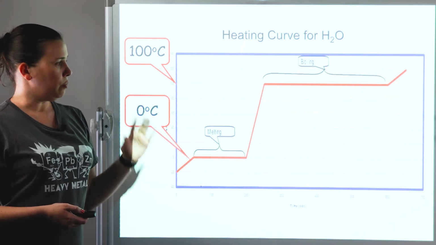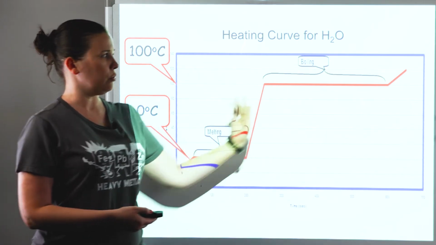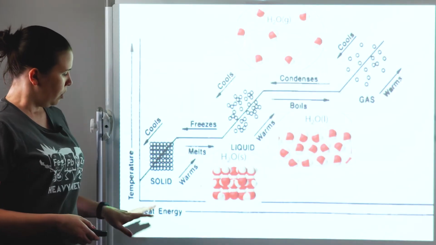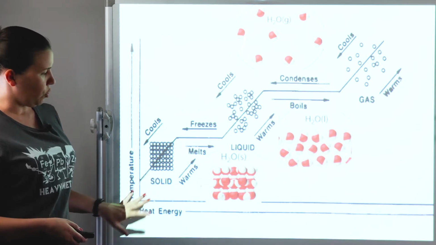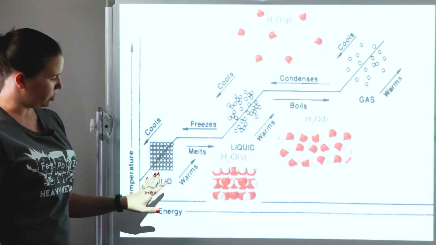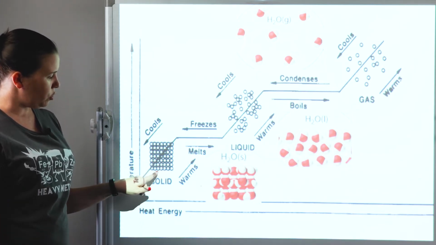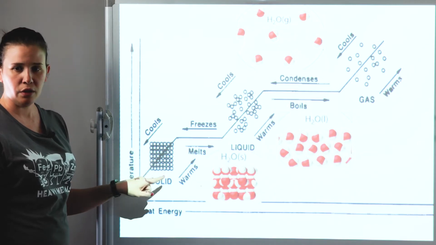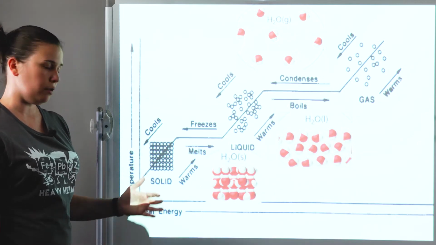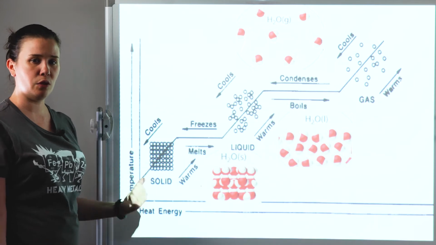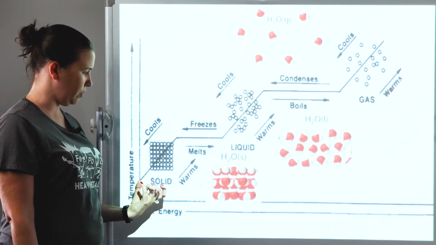So let's take a look at what the particles look like as we go through this progression. When we start off with the -20 or negative whatever below 0, the solid, think ice, those particles are very close together. And according to kinetic molecular theory, they would be vibrating even though they're stuck in place. They would be moving.